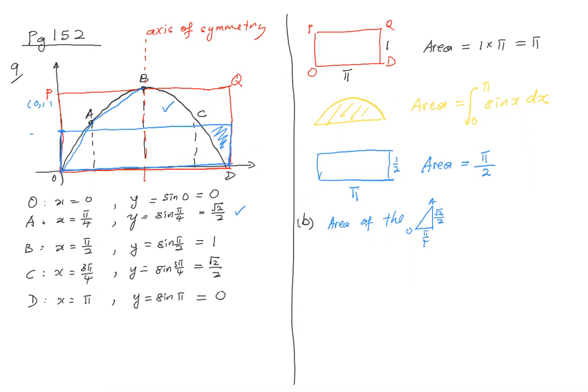So the area will be half base times height. But we have two of them, correct? The other one, CD, is also the same. So these two have the same area. Am I right?